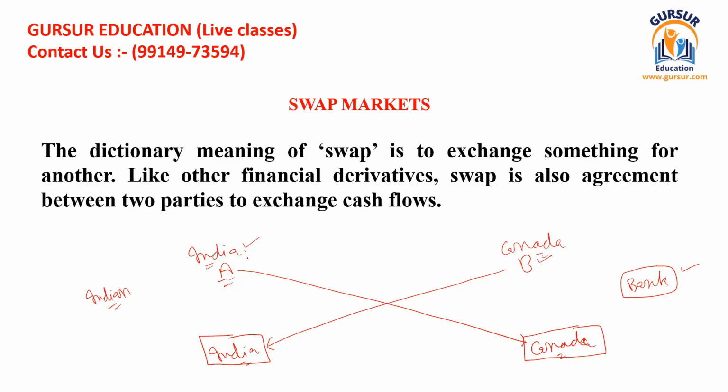Then it's very obvious that both parties have to pay interest to their respective banks. The Canadian person has to pay interest to the Indian bank, and the Indian person has to pay interest to the Canadian bank.